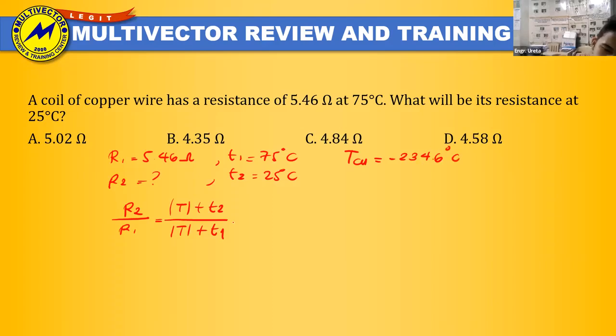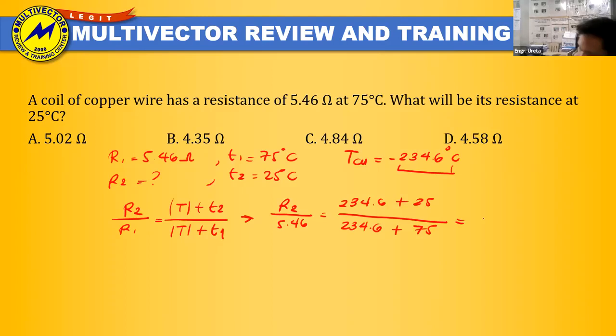Substituting into our formula, R2 over R1, 5.46, is equal to 234.6 plus T2, 25 degrees, all over 234.6 plus 75. So the answer that follows is letter D.